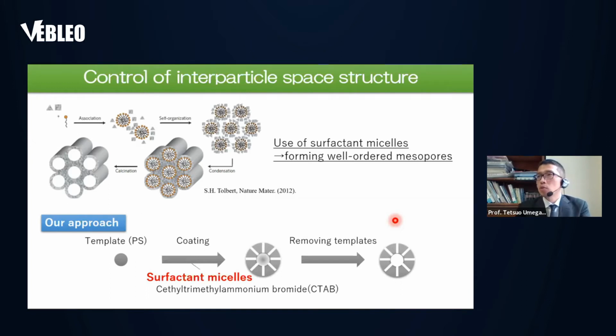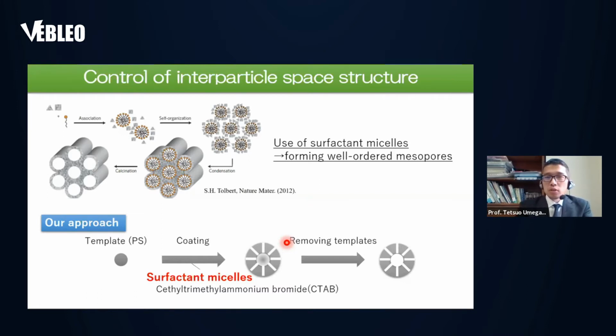Surfactant molecules form various shapes of micelles, and by adjusting the concentration, for example, tube-like, well-ordered interparticle spaces, like these illustrations, can be obtained after removing the micelles.